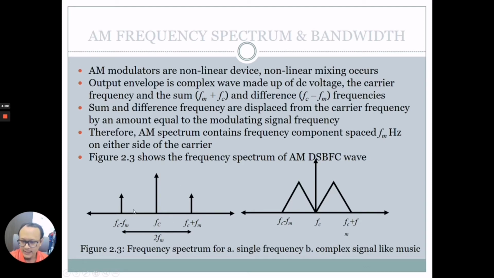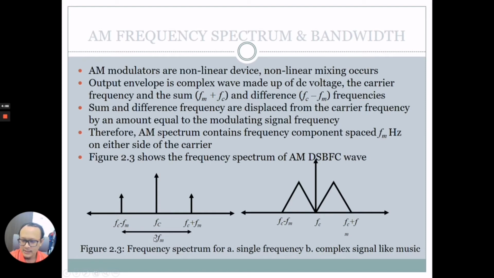The x-axis is the frequency, while the y-axis is the amplitude, which is the voltage. From this frequency spectrum, we can also determine the bandwidth. How do we calculate the bandwidth?